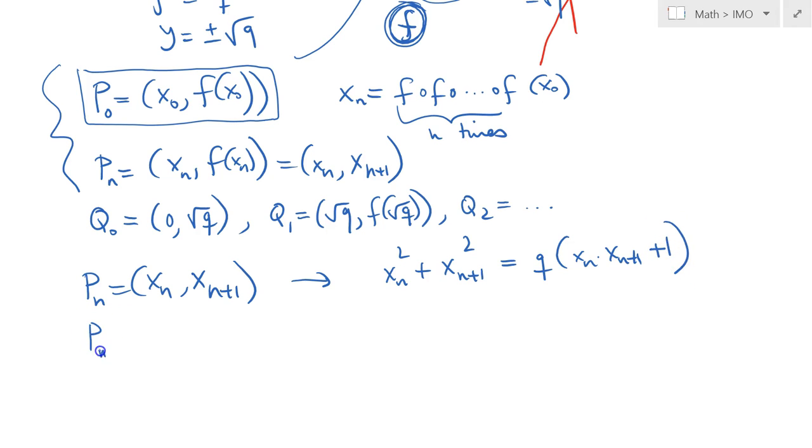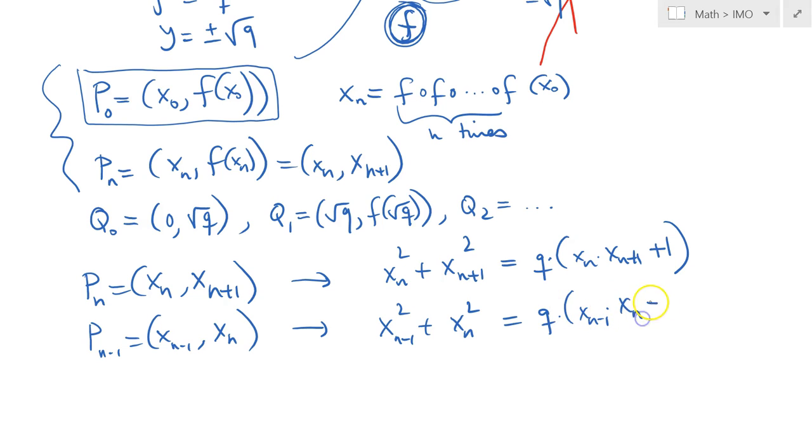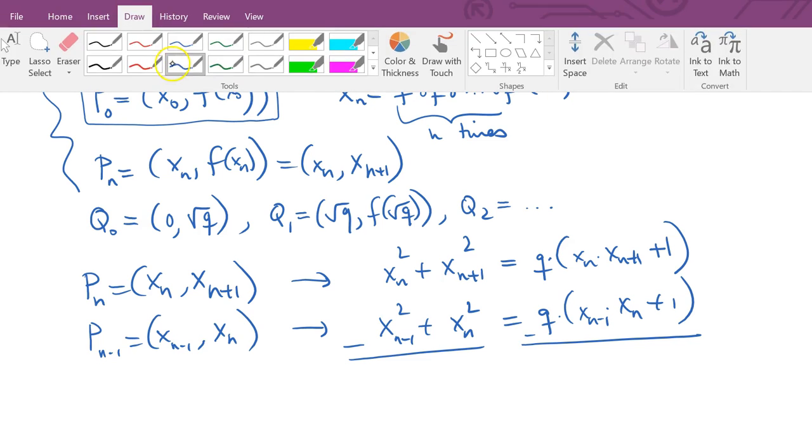And then if I plug in this point, x sub n minus 1 and x sub n, what I will get is this one, square q times x sub n minus 1 times x sub n plus 1. Now if I subtract these two expressions, we will see quite a few cancellations.